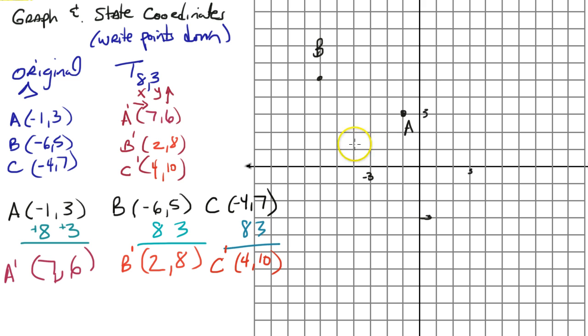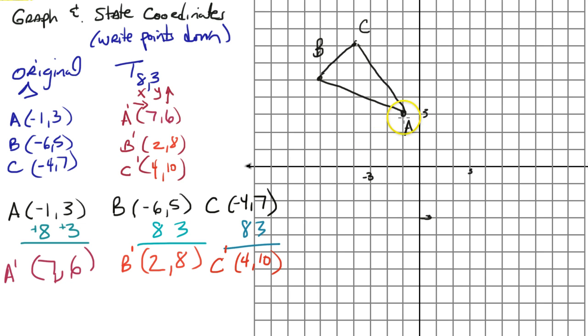B. -4, up 7, C. And with the pen, it's a little rough. Yours probably is going to look nicer with graph paper and a straight edge. So that's ABC. And let's do the transformation, 8, 3.